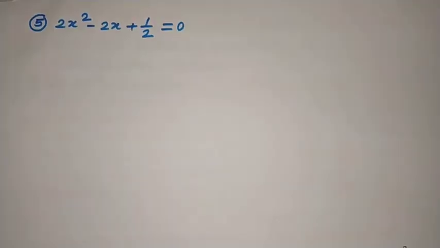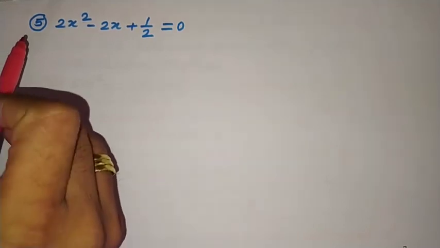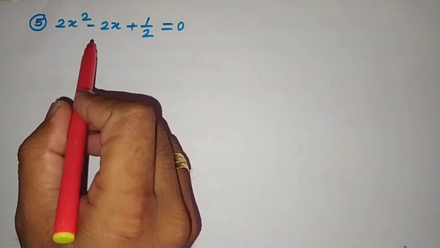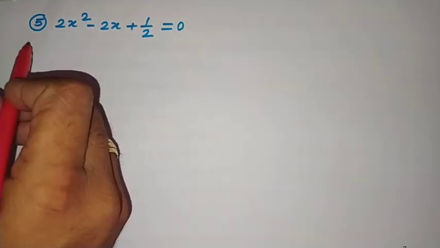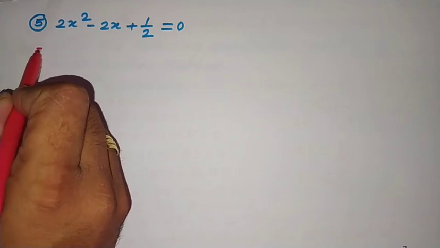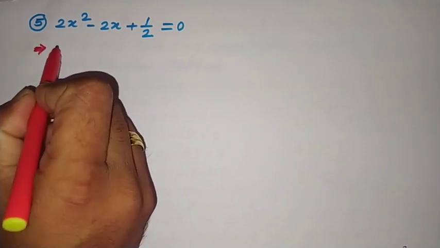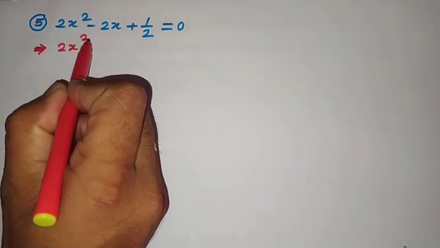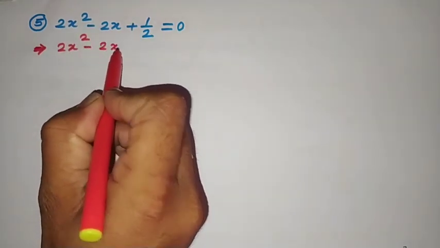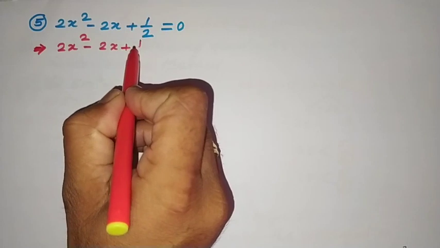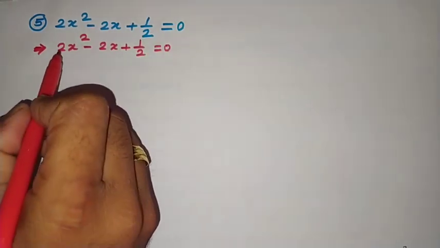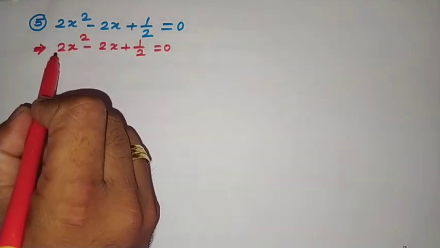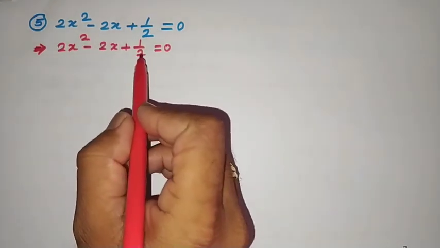See the next example in Problem Set 2.2, example number 5: 2x square minus 2x plus 1 half is equal to 0. First write down this equation. The coefficient of x square is 2 and the constant term is 1 half.